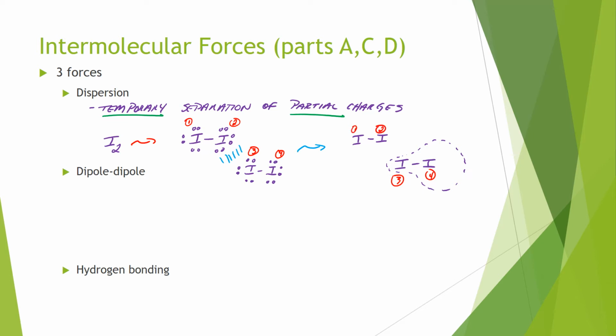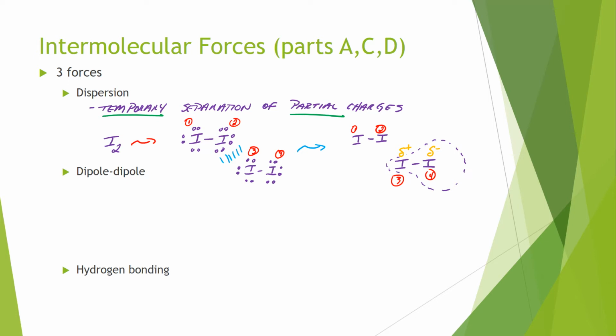I'm just representing the clouds of electrons rather than the lone pairs themselves. Iodine number 4 now has a larger cloud of electrons around it, so more electron density. How is iodine number 4 feeling? It's feeling partially negative. If that iodine is partially negative, iodine number 3 then has to feel partially positive.